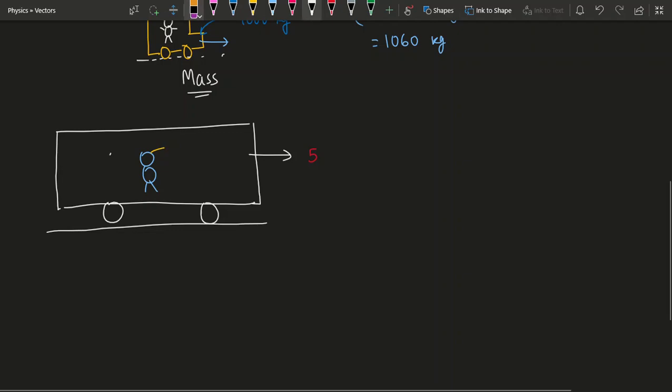So let's take the speed to be 1. So 1 meter per second and 5 meters per second.